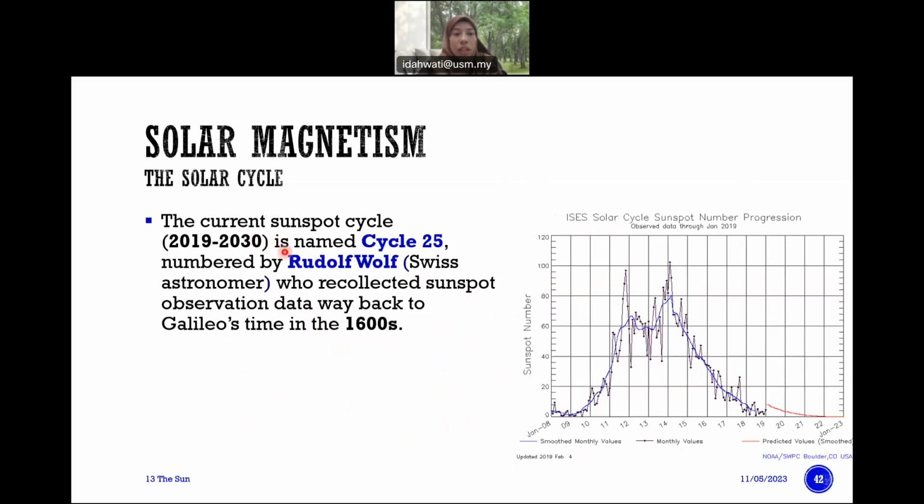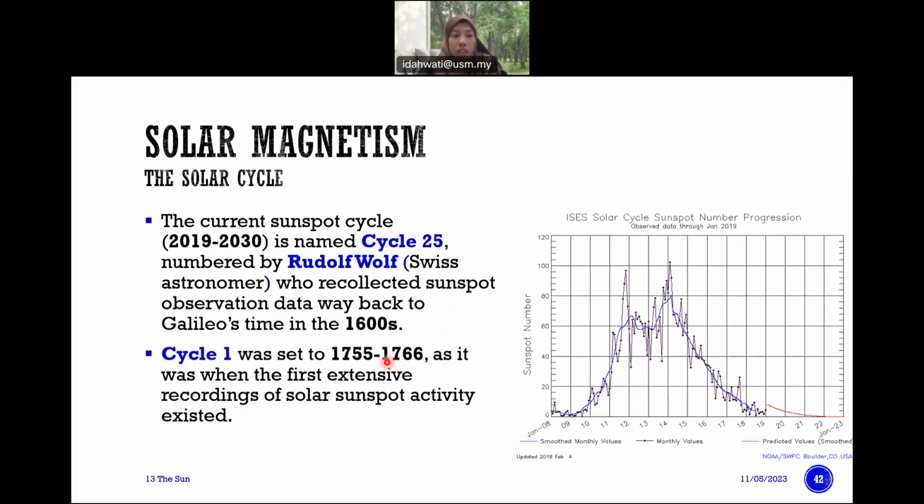So the current sunspot cycle, 2019 to 2030, is named solar cycle 25. So now we are in solar cycle 25, numbered by Rudolf Wolf, an astronomer who collected sunspot observation data way back to Galileo's time in the 16th century.